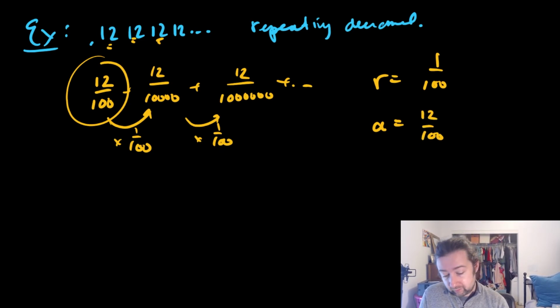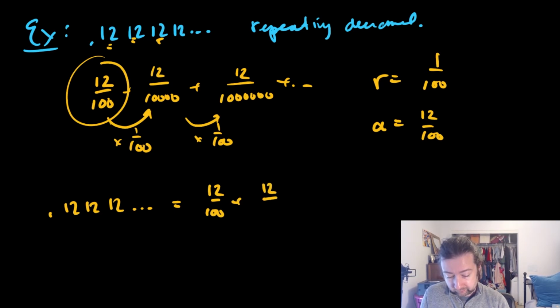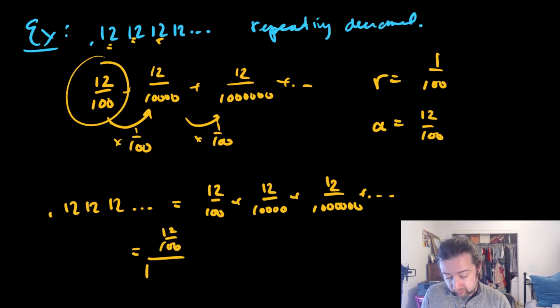And so we could write down that this infinite series is equal to a, so 12/100, over 1 minus r, which is 1 minus 1/100.